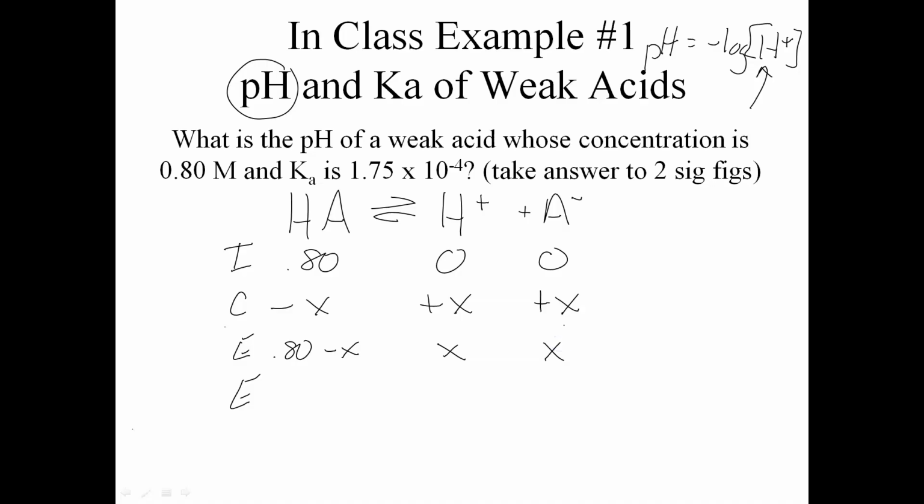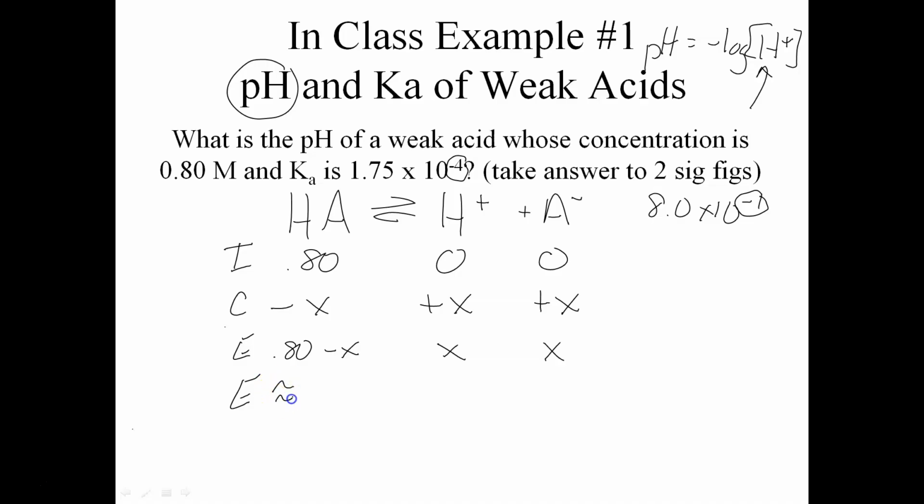Now, remember, we can make an assumption here, my 3 powers of 10 rule. So look, my Ka is 1.75 times 10 to the negative fourth. My initial concentration is 8.0 times 10 to the negative first. So I have a negative 4 and a negative 1. So that's a power of 3 off, which means I can make my assumption.